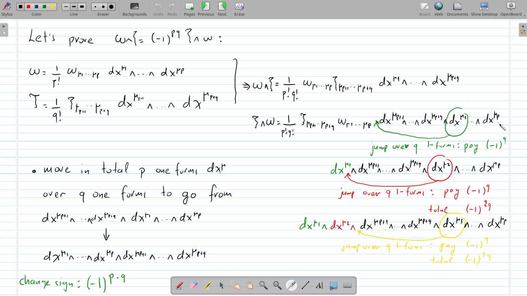And after we have moved all p 1-forms from the back to the front, the total change of sign will be (-1)^{pq}. Therefore, we have proved that the change of sign here is exactly this factor.